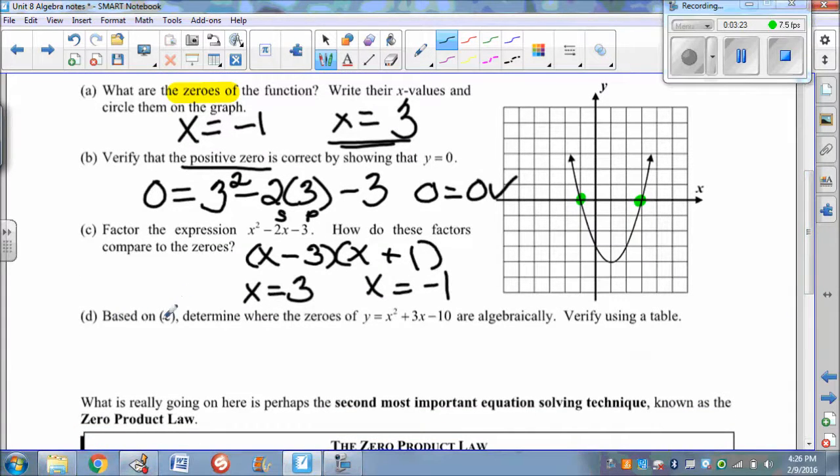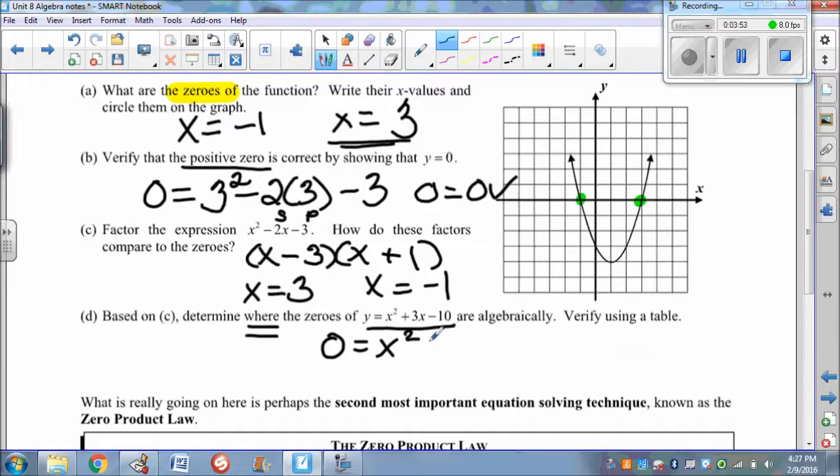Now it says, based on C, determine where the zeros of this one are algebraically. Verify using a table. So they gave us a new equation, and it says determine where the zeros of this equation are algebraically. So I've got to factor that. The zeros mean where y is 0.